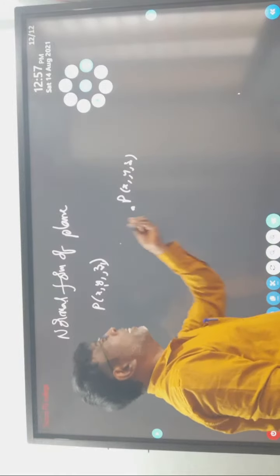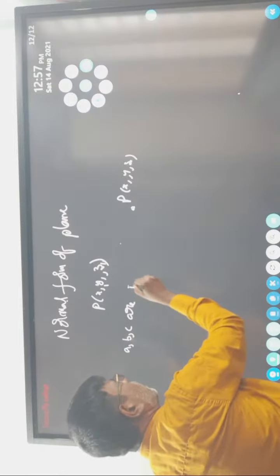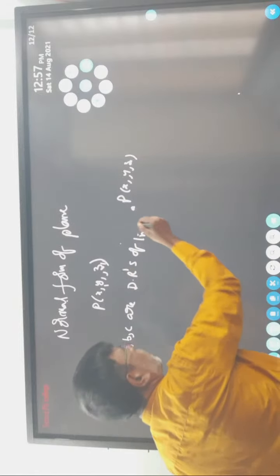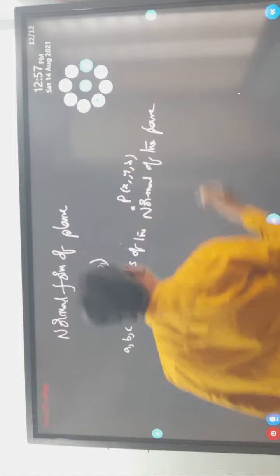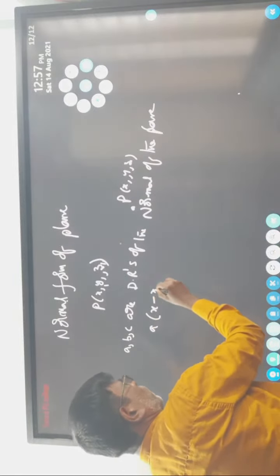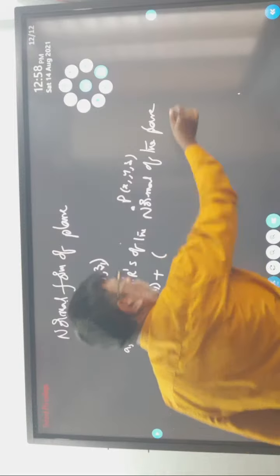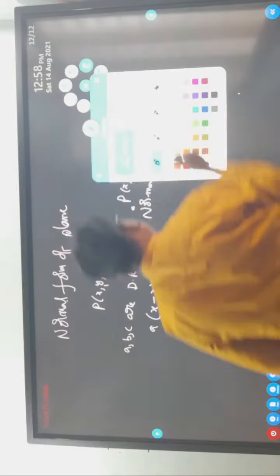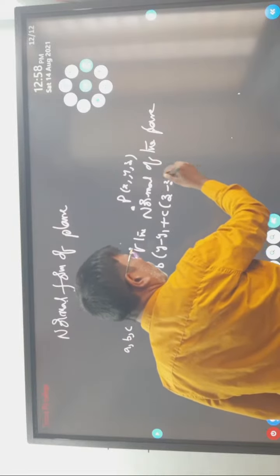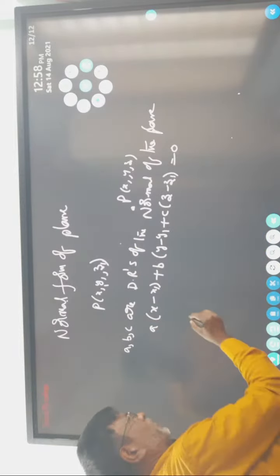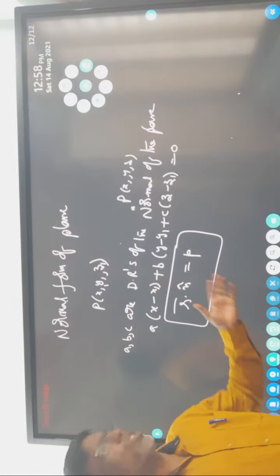If a, b, c are the DRs of the normal of the plane, then the equation is a(x minus x1) plus b(y minus y1) plus c(z minus z1) equals 0. In vector form, it is r dot n cap equals p, where n cap is a unit vector perpendicular to the plane.